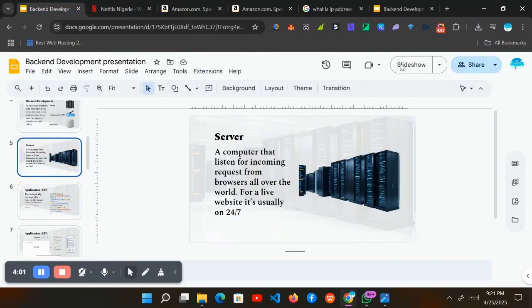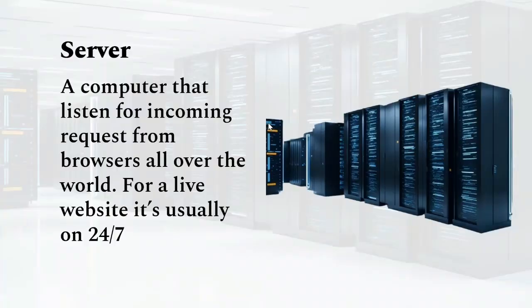Now, a server is basically a computer that is located somewhere in the world, and what this computer does is listen for incoming requests from browsers. So when you type amazon.com in your browser URL bar, there is a computer somewhere in the world that is listening for different requests, not just yours, but from anybody in any part of the world.